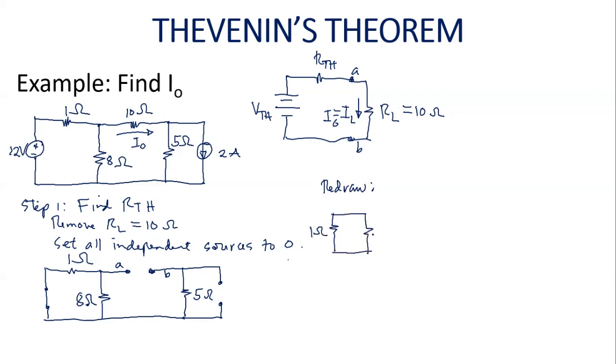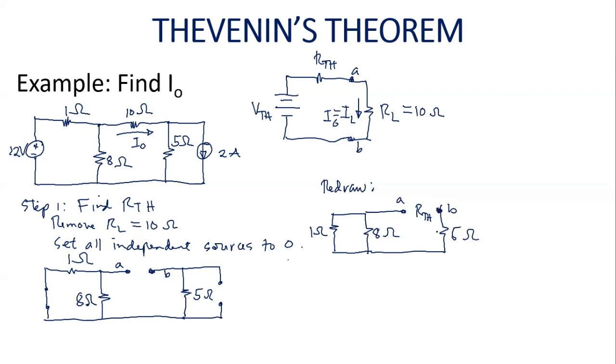So this is 1 and 8 ohms. And then it is here the open circuited terminals. It is here we are going to solve for the RTH. And the 5 ohms.